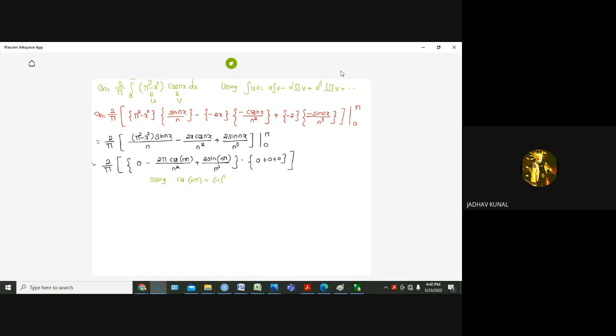Minus 1 raised to n. Absolutely. 0. Yes. So only one term is non-zero. Remaining all terms are 0 only. Or 4 into minus 1 raised to n. That is okay.